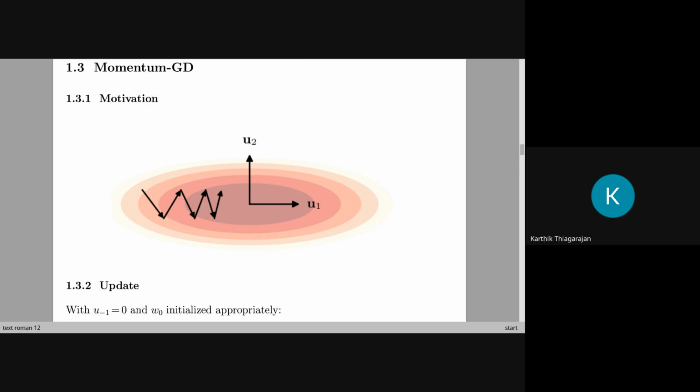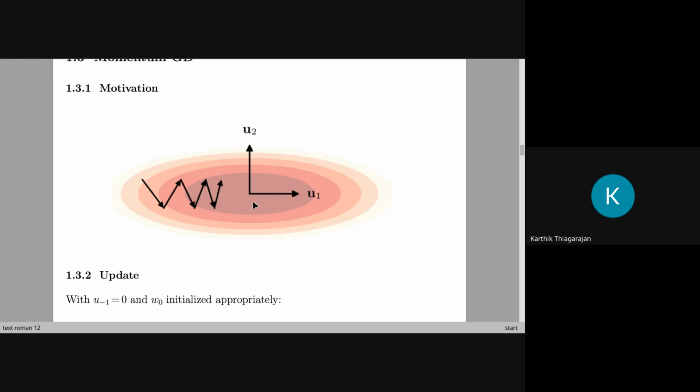It's not that oscillations appear only after you introduce momentum. You could be in a situation where there are oscillations even with gradient descent, and momentum helps in dampening these oscillations. I encourage you all to go back and look at these textbooks for a different perspective.